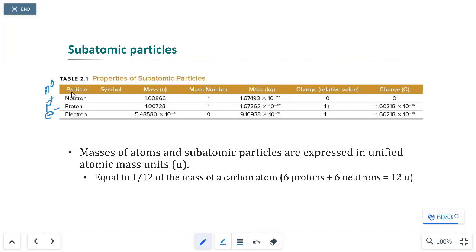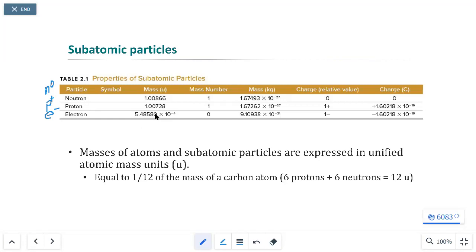And so for that reason, rather than talk about their masses in terms of atomic mass units, that's what u stands for, we're going to talk about them in relative terms. Since the neutron and the proton are practically the same, only different in the fourth significant digit, we're going to say that their mass number is equal. So we give them a mass number of 1.